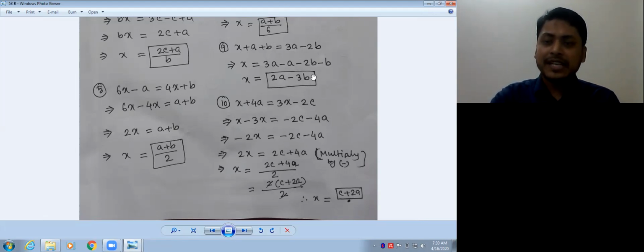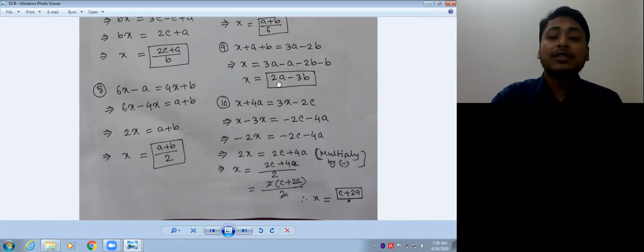But technically I wrote this a with the 3a and this b with the 2b. So 3a, it was plus, it has been minus, 3a minus a, and 2b minus b. So finally we got x equals 2a minus 3b. How?